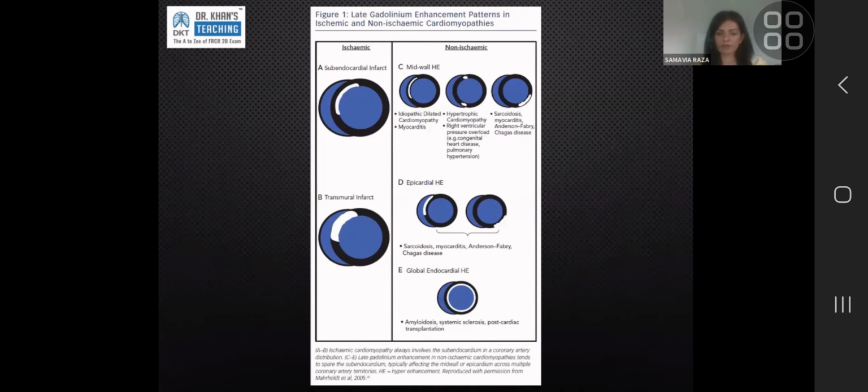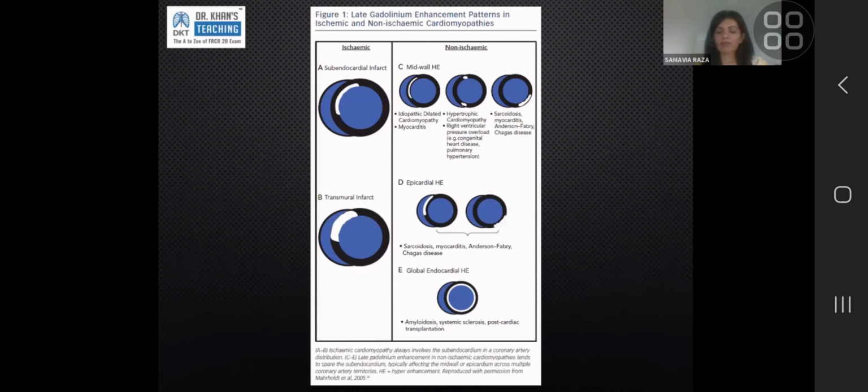You can have sarcoidosis showing that as well. When you have global endocardial enhancement, a rim of hyperenhancement all around, the likelihood of that being ischemic gets very low, because all 3 coronary arteries can't be affected at the same time, to the same extent. So that clear rim is a very striking appearance.